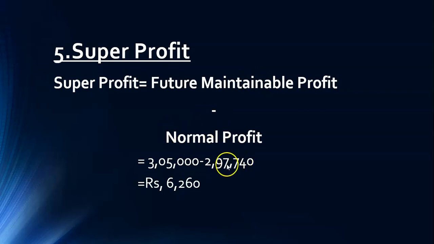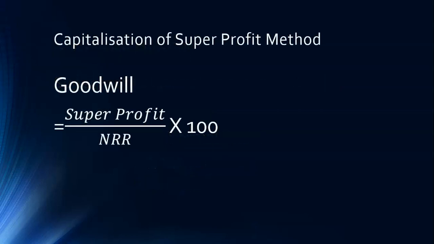It means the excess amount is over here. So we are going to calculate the capital of this excess amount, and thereafter we will consider it as goodwill, and the purchasing company will pay it like a goodwill in excess of the purchase amount, right?